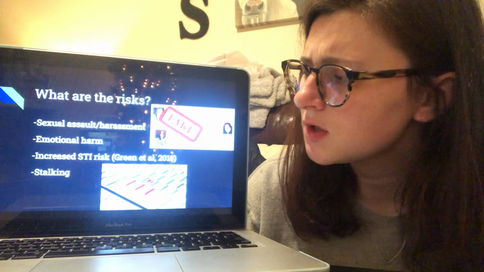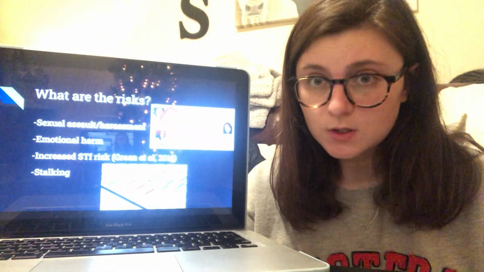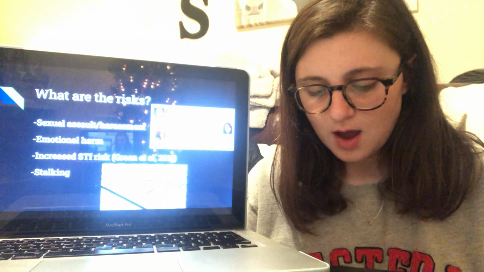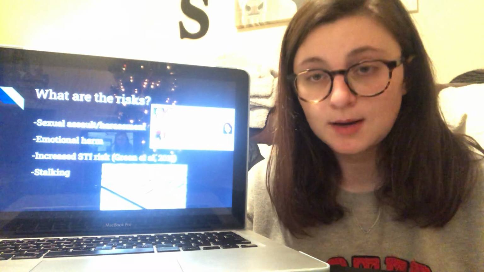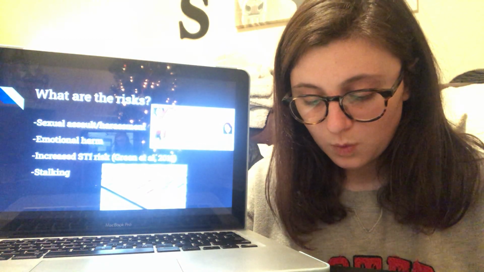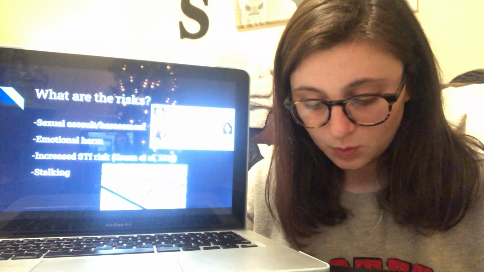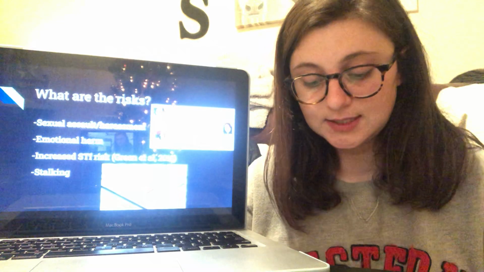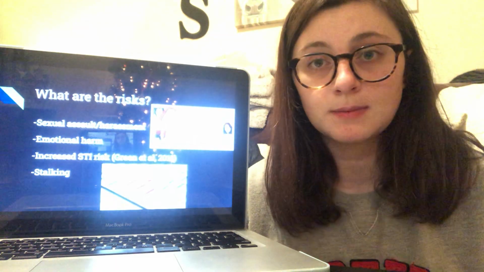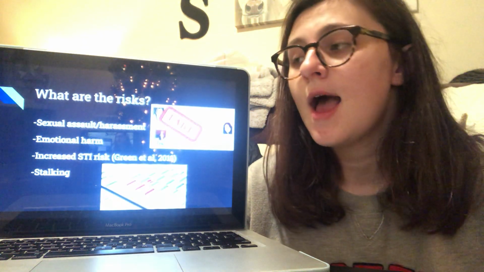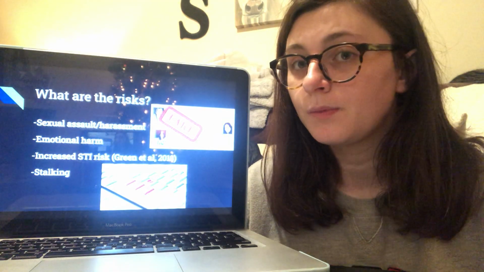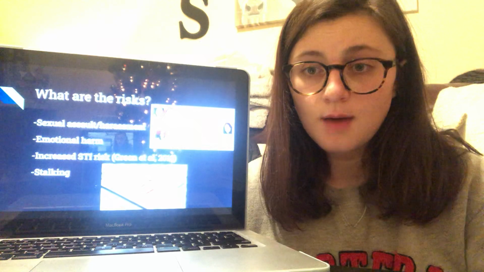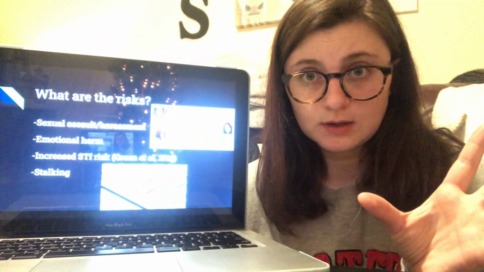And then there's also an increased STI risk with Tinder usage. What Shauna Green, Deanne Turner, and Rachel Logan found when surveying college participants in a metropolitan area was things about their sexual risk behavior, condom use, Tinder use, and how common connections on Tinder affected their sexual risk behaviors. Tinder has a feature, because it hooks up to your Facebook, where it will show you mutual friends on Facebook.